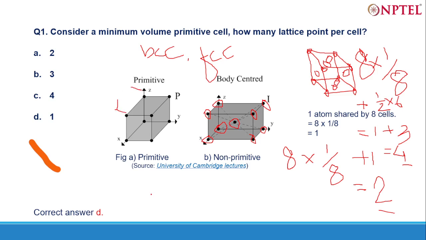So if I tell you to arrange BCC, FCC and primitive cell in increasing order, it should be primitive, then BCC, then FCC. Got it? This is how it is calculated.